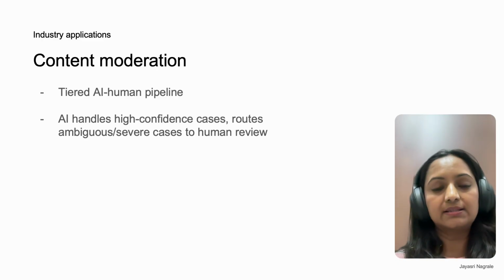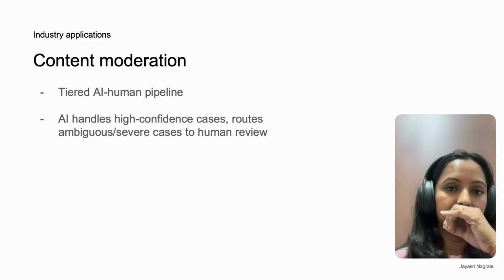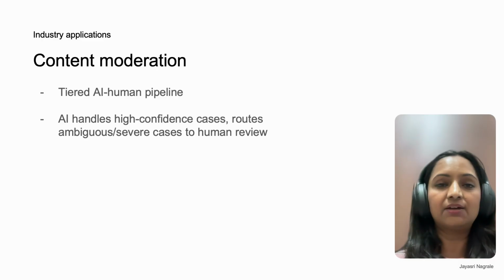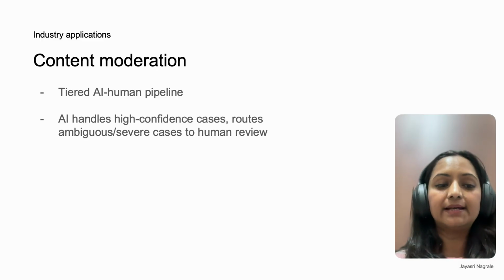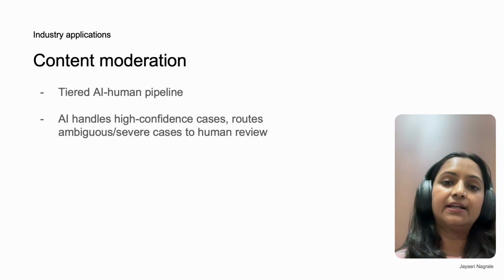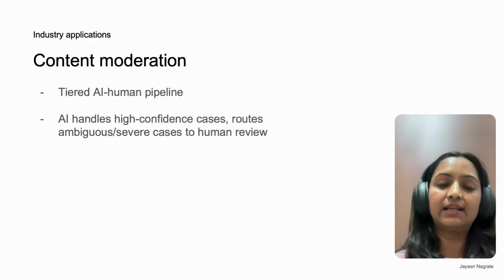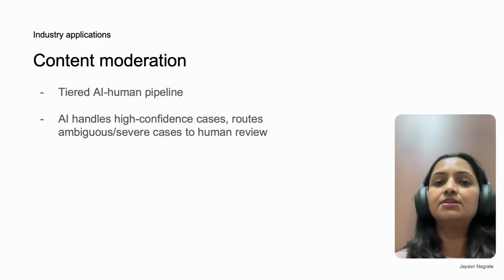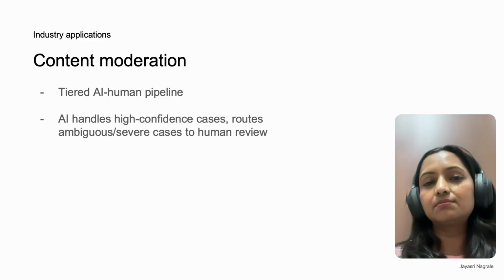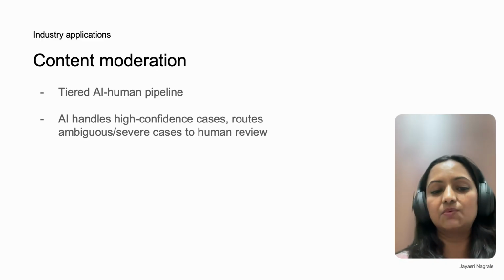There are some bad players in the system who would want to add content that's harmful to users, and it's not possible for humans to sit and watch those millions of videos being uploaded every minute. So at this time, we can build a tiered AI-human pipeline, wherein the AI, based on its model and training data, will filter out all the bad player content, and then only flag or bring in the human wherein the AI is not able to understand if this is good enough content to go, or if this needs to be filtered.